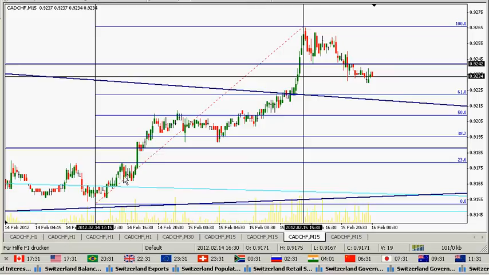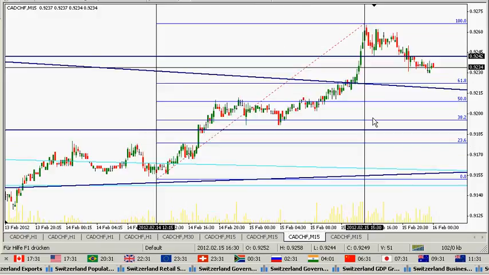Here we create 0 at the low, 100 at the high, and we see we are trading above, and interesting for me is the 50 area, the half of the upside trend. So perhaps we can get this as a buy zone. That's for me the target, and yes, it's also evidence for every Fibonacci trader.